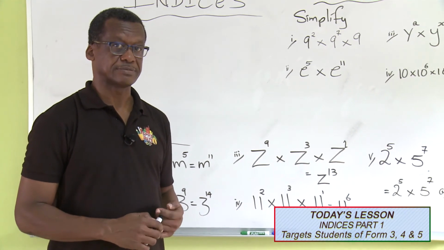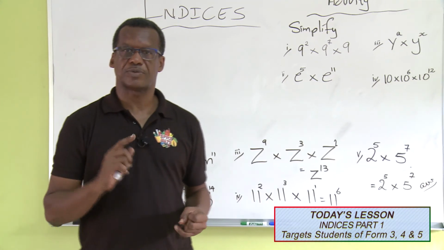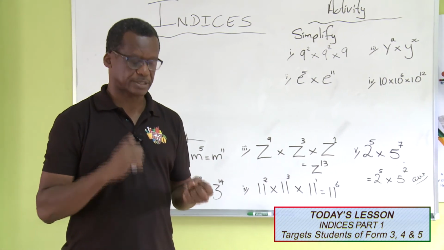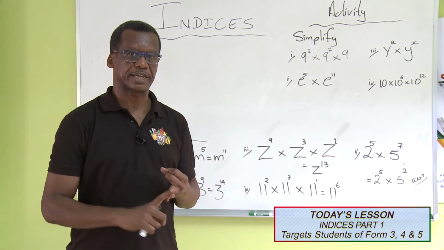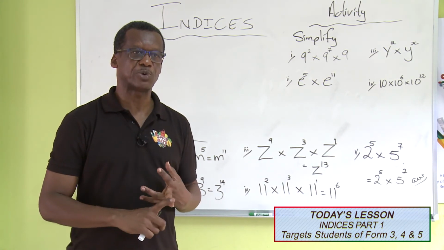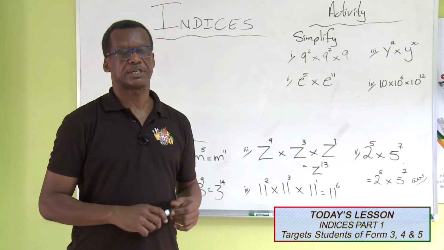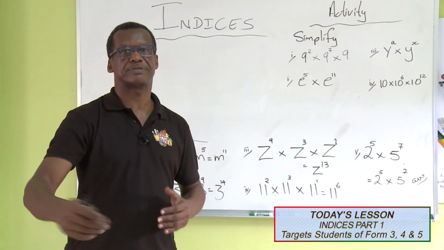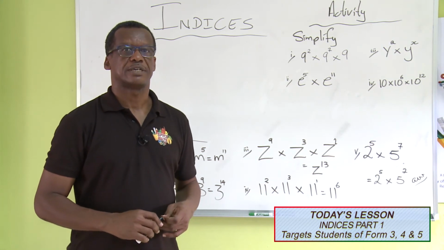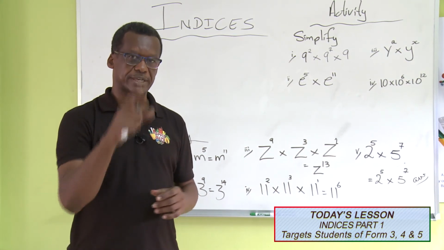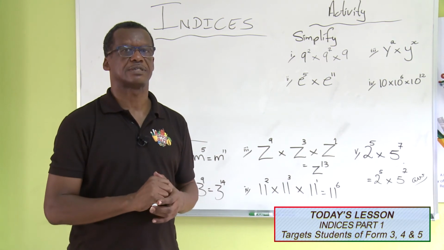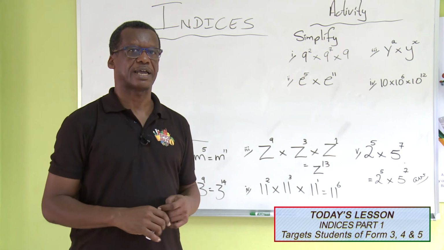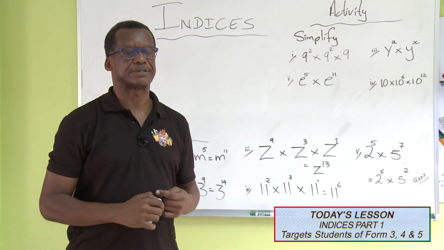So in today's lesson, you learned that we can use 3 words to refer to a power, and that's the word power, the word index, and the word exponent. You also learned that when you write numbers or quantities that are multiplied by themselves repeatedly, you have to write the base in a bigger font than the power, which is written in a smaller font at the top of the number.